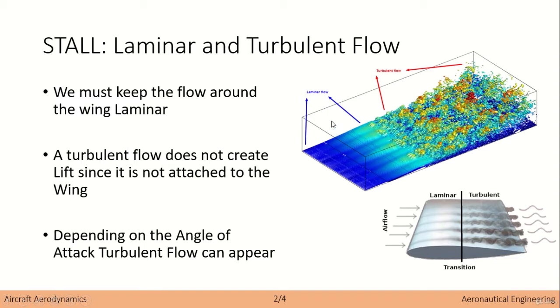Now, in fluid dynamics, this is a very interesting topic which can be applied to many different industrial areas. And it's just essential in order to control our aircraft. If the flow is turbulent, the flow is not connected, or not very connected, to the surface, and therefore the turbulent flow will not produce lift.